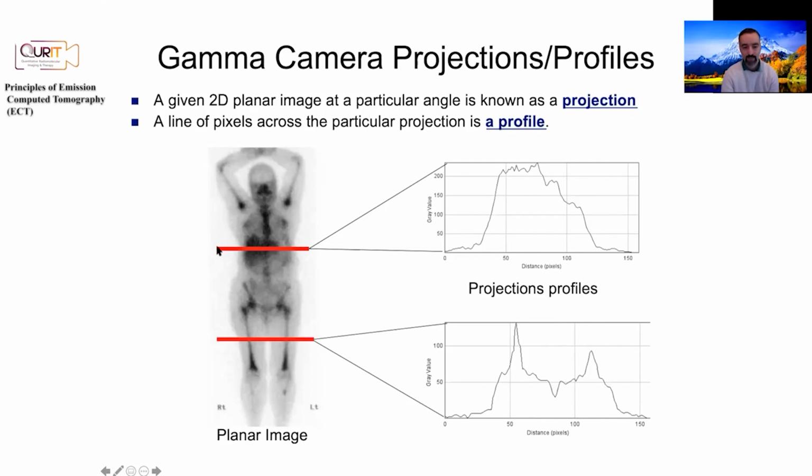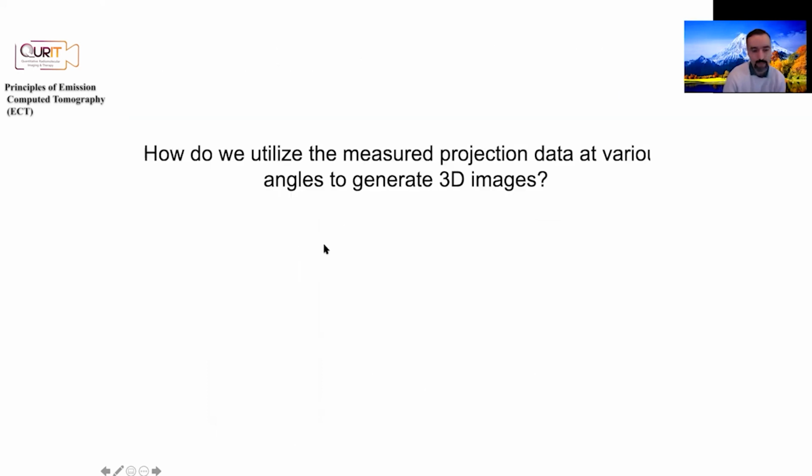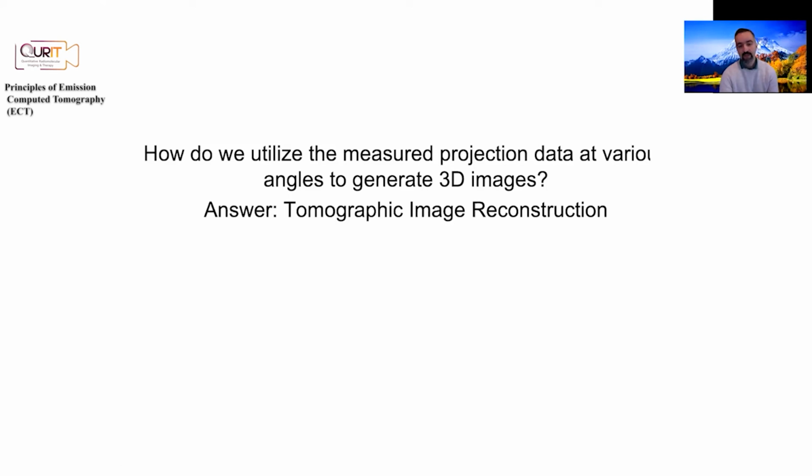And if you just look at the counts obtained on the detector along, for example, this line, you may get something like this, and we refer to that as a profile. So we got a projection image, a planar or a projection image, and this is a profile through it. So then the question is, how do we utilize the measured projection data that are obtained at various angles to generate images, 3D images? And the answer is tomographic image reconstruction. And that is exactly what we will talk about next.